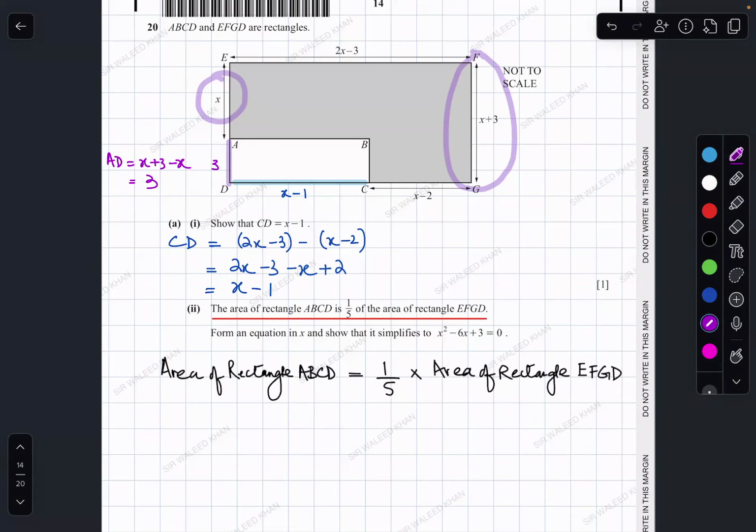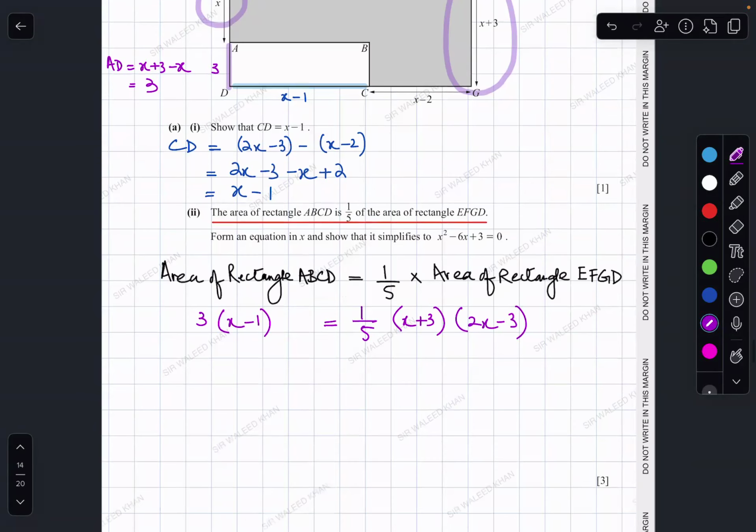Area of rectangle ABCD is x minus 1 times 3, equal to 1/5 of the area of this rectangle, that is x plus 3 times 2x minus 3.